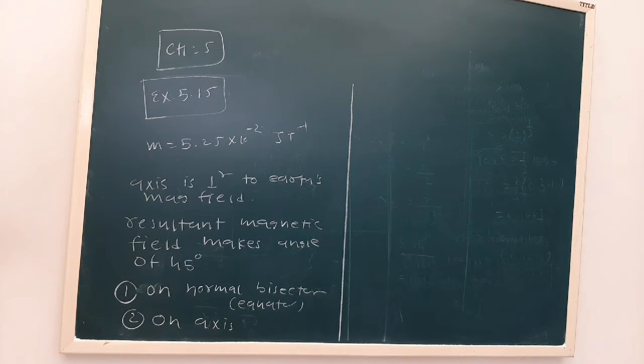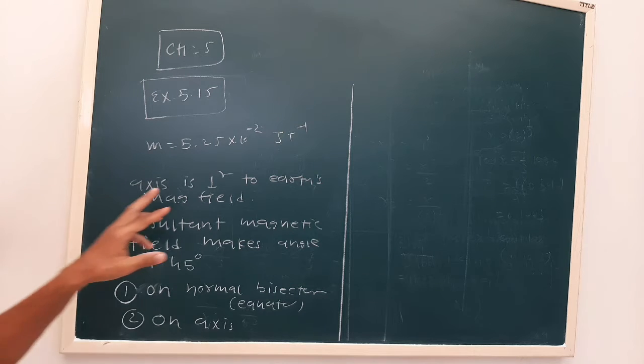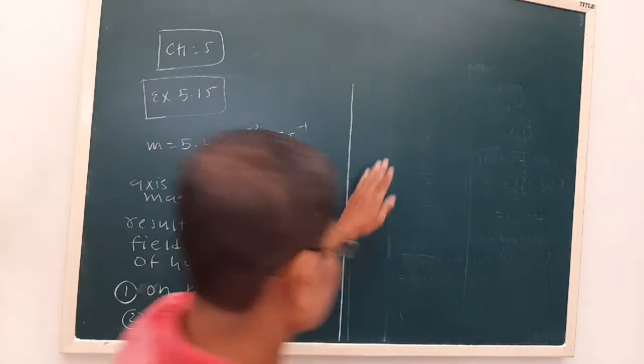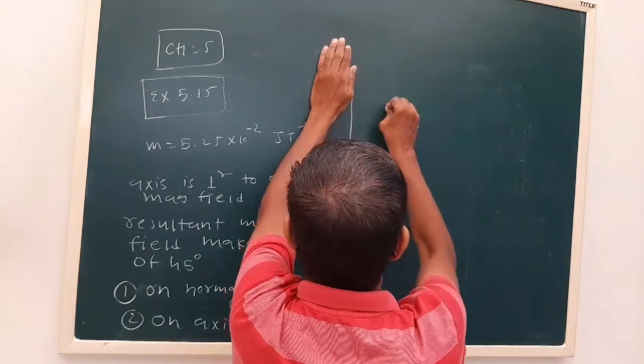Now see, here there are two magnetic fields. One, the magnetic field of a bar magnet, and second is the Earth's magnetic field. Now these two will make a resultant magnetic field, that is say BR.